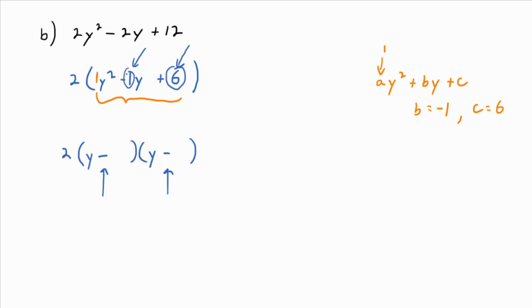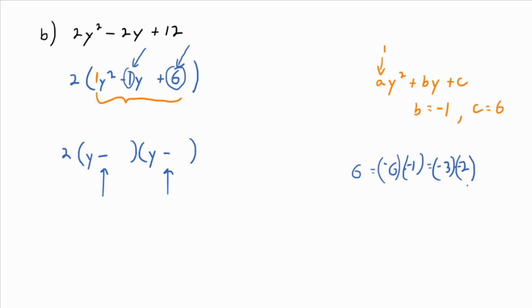It's not going to happen, is it? Okay, think about it. What are the factors of 6? Either 6 and 1, or 3 and 2, or 2 and 3. Sometimes you have to reverse the order, but not in this case. 6 and 1? Okay, fine. If you want to include the negative, you can. I don't think it's going to matter. It's not going to work.